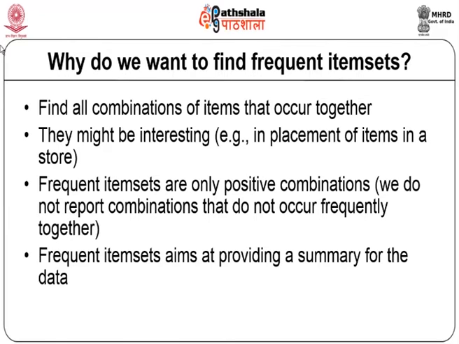Frequent items are only the positive combinations and do not report combinations which have lesser frequency of occurrence. And frequent item sets aim at providing a summary of the data and the occurrence of such patterns in the entire data set.